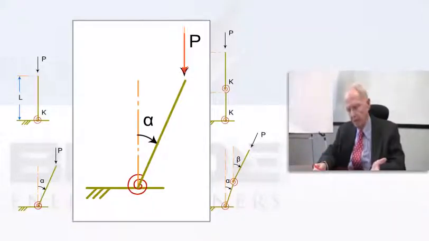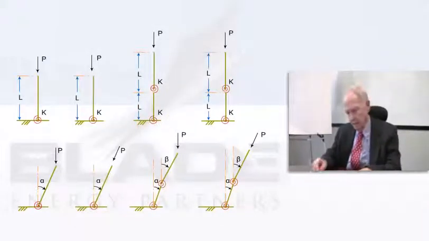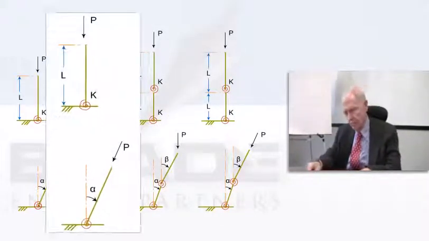And because the load does that, it has a potential energy. Well, what does that mean? It means that no matter how I get from one place to the other, the work from the load is the same.